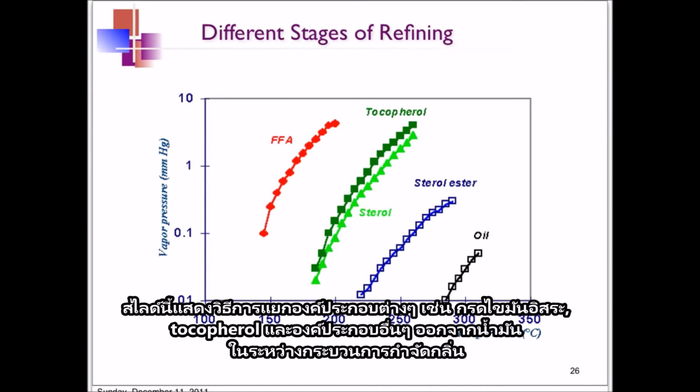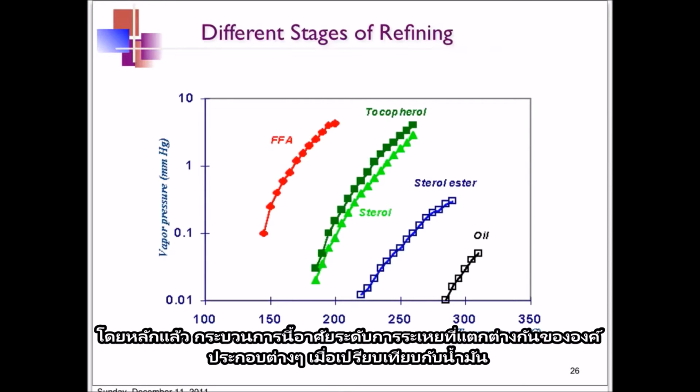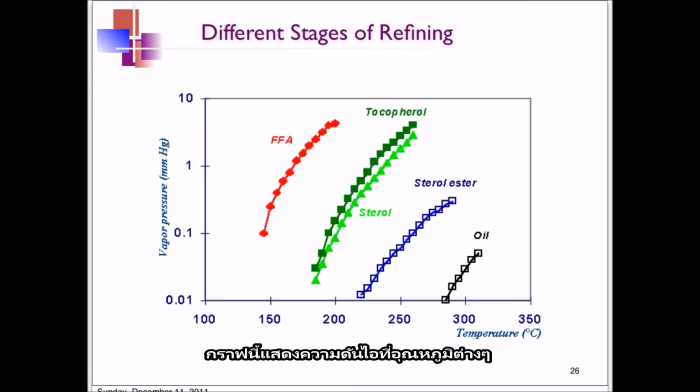So how can these different components, such as free fatty acid, tocopherol, and other components, be separated from the oil during the deodorization process? The principle is actually based on the different degrees of volatility of the different components when compared to oil. We can see here a plot of vapor pressure against different temperatures.